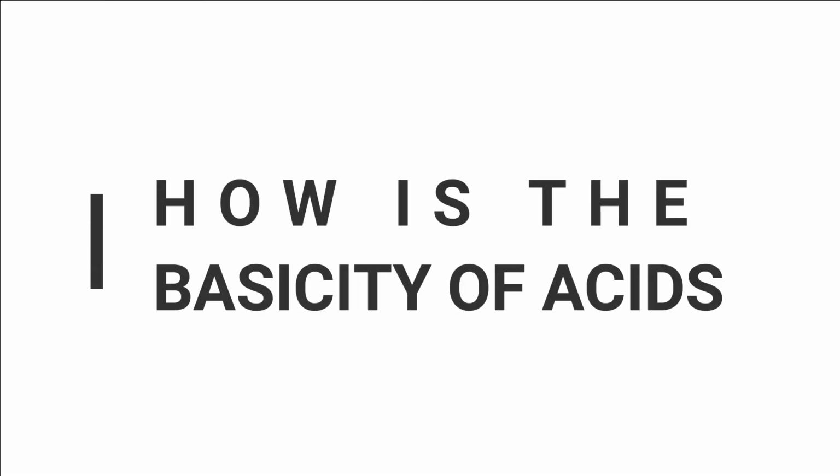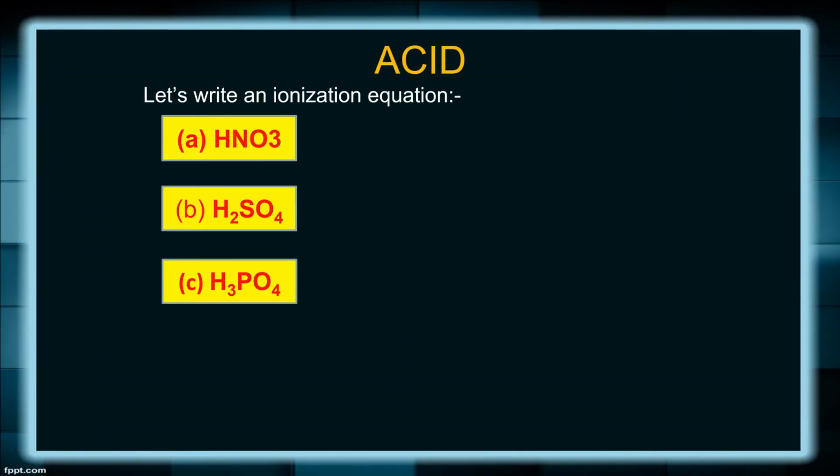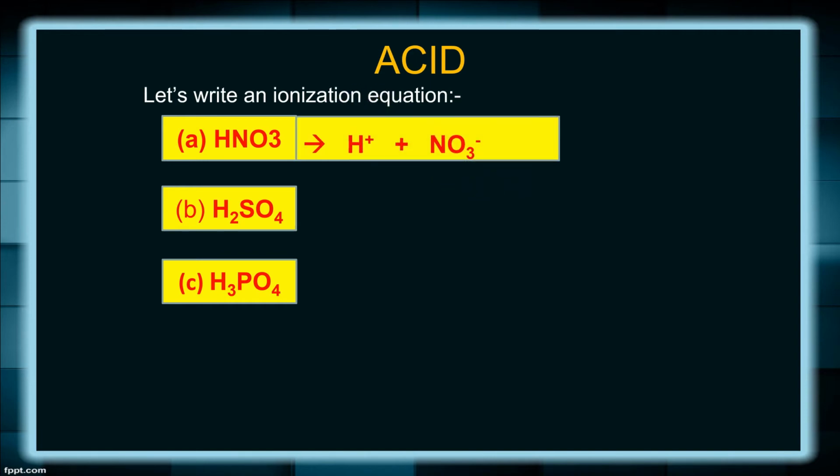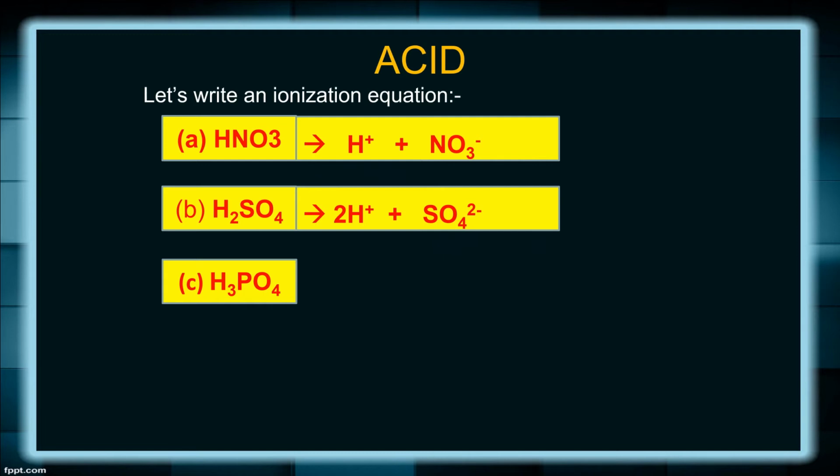So how does the basicity of these acids differ? Let's write the ionization equation for the following acids. Firstly, nitric acid. Nitric acid ionizes into hydrogen ion and nitrate ions. Next, sulfuric acid ionizes 2 mole of hydrogen ions and sulfate ions.